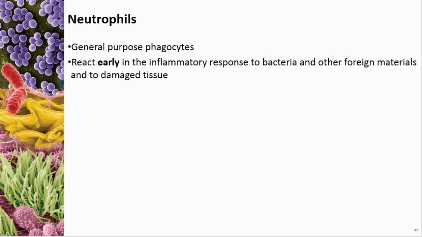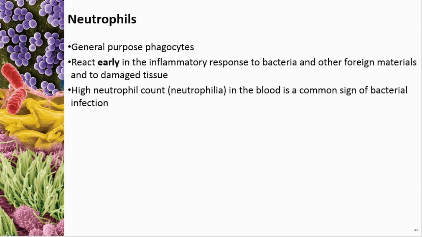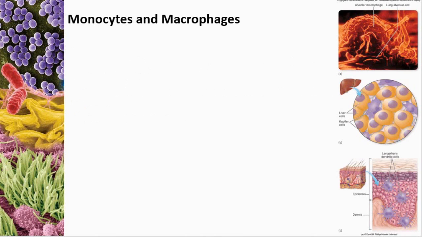They are very responsive in the early infections and early inflammatory responses. So a high neutrophil count, which is called neutrophilia, which you would detect from doing blood work, is a common sign of bacterial infection. And this is the primary component of pus, right? Pus is white because it's full of white blood cells, which are mostly neutrophils. So monocytes and macrophages are essentially the same thing, and as I said, include dendritic cells.